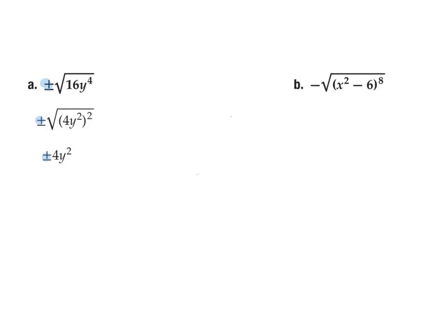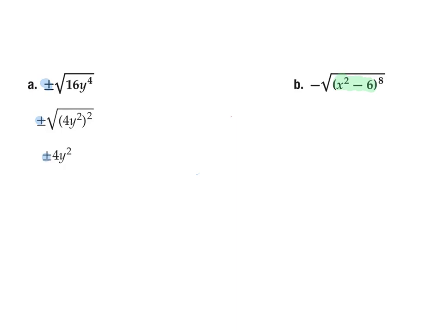All right. So we're going to go through the same process in B, except what I need you to think about when you do this problem is that this whole thing is not two terms. Think of it as just one thing in one group. One group to the 8th power.